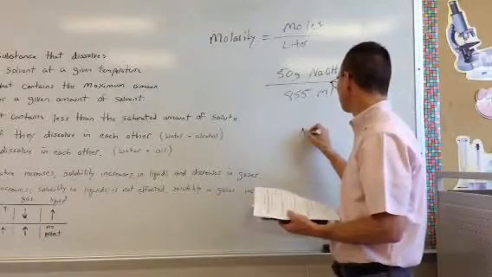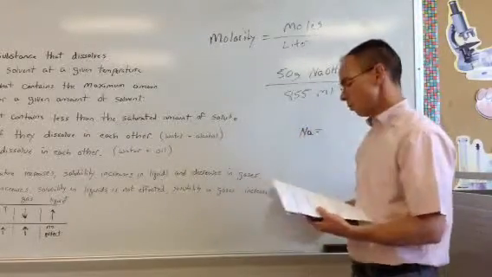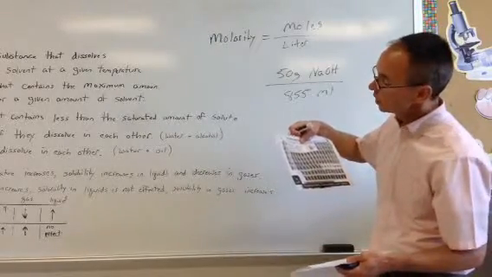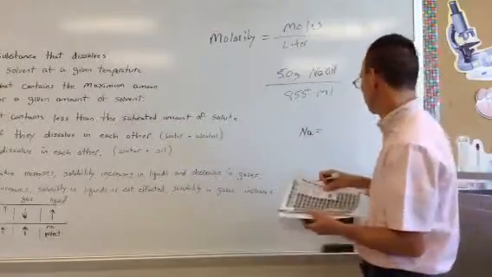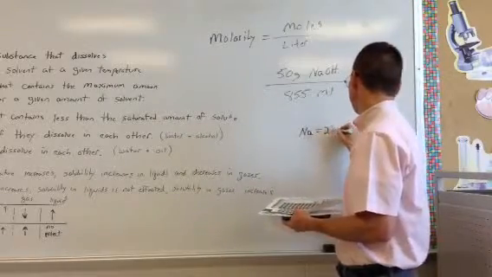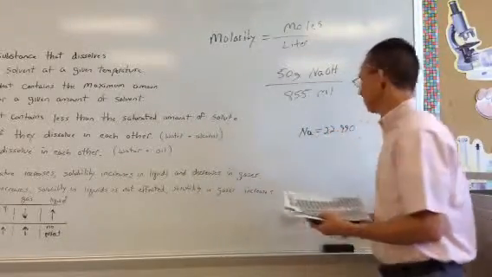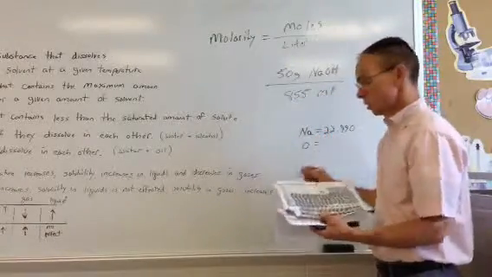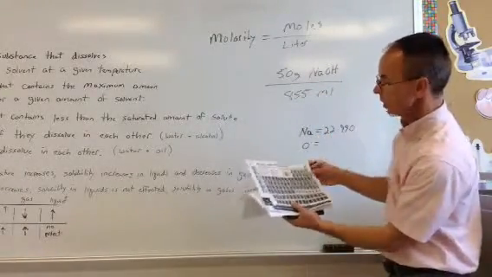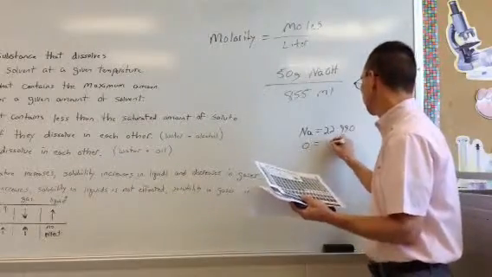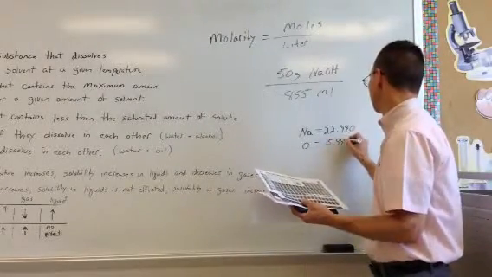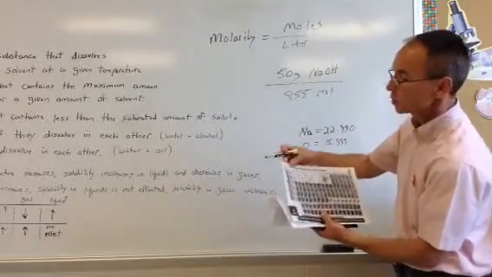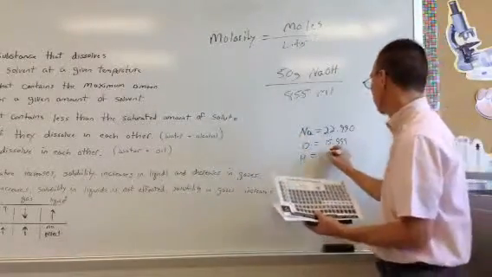Sodium is in column 1, group 1A, and the molecular weight is 22.990. Oxygen is in group 6A, and it is 15.999. And hydrogen is group 1A, the first element, 1.0079.